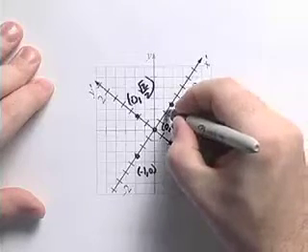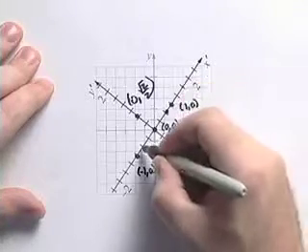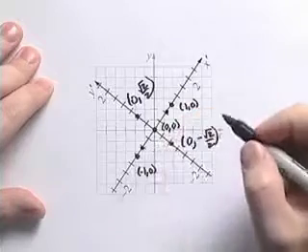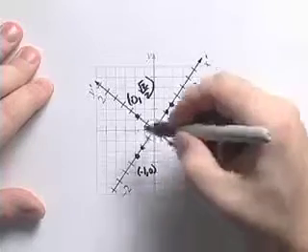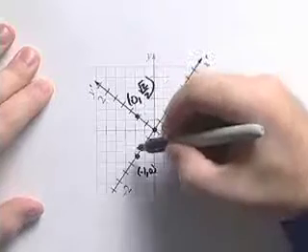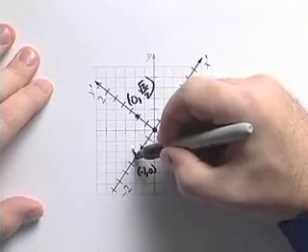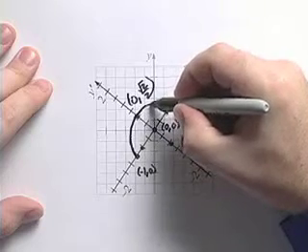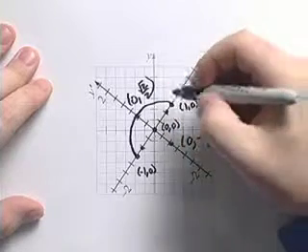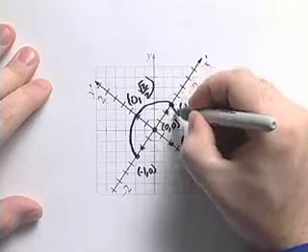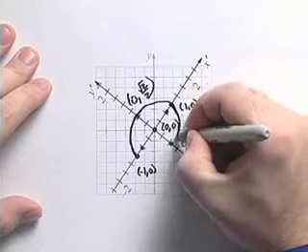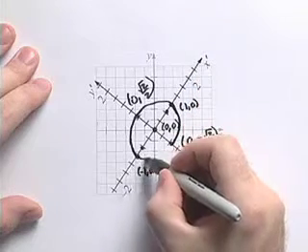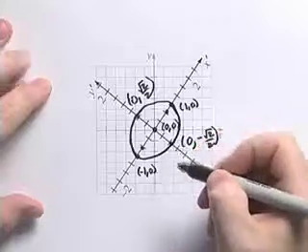So our foci are going to be about here and about there. We're going to sketch the graph of our ellipse in the x prime, y prime plane. And so there's the graph of our ellipse.